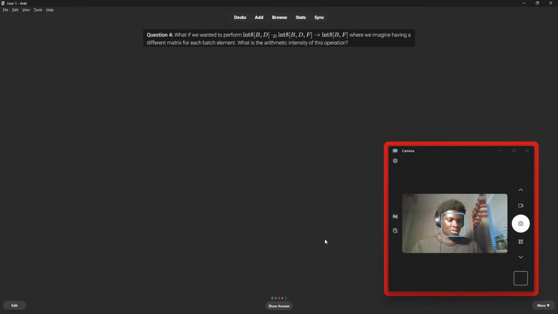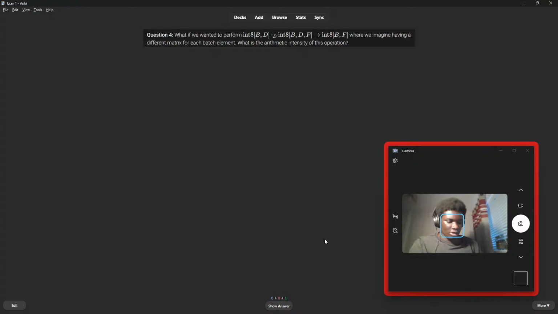Okay, so in terms of the flops, it's just similar to before. So we have BF, and then we would have had to do 2D minus 1 operations for each element. But in terms of the memory loading, it's going to be a bit different because we have BD plus BDF plus BF.